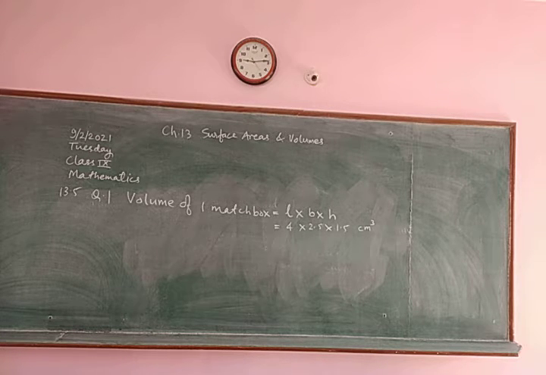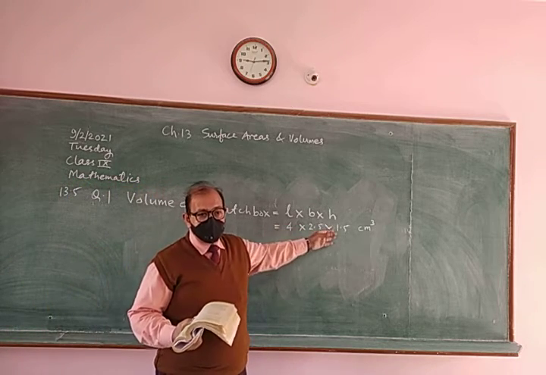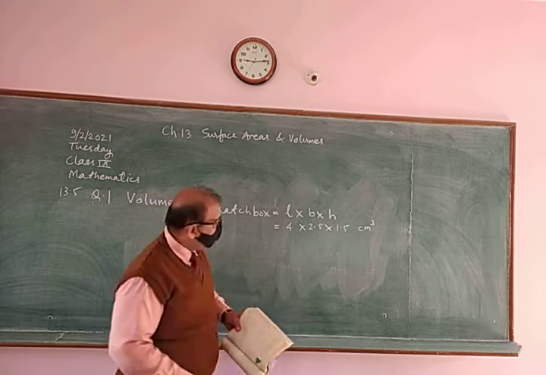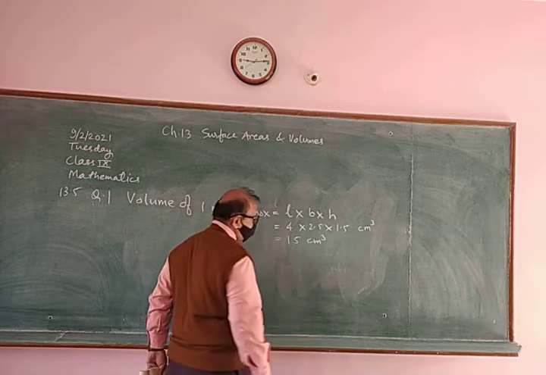When we find the volume, the unit will be cubic unit. So 4 into 2.5 is 10. 10 into 1.5 is 15 cubic centimeter.